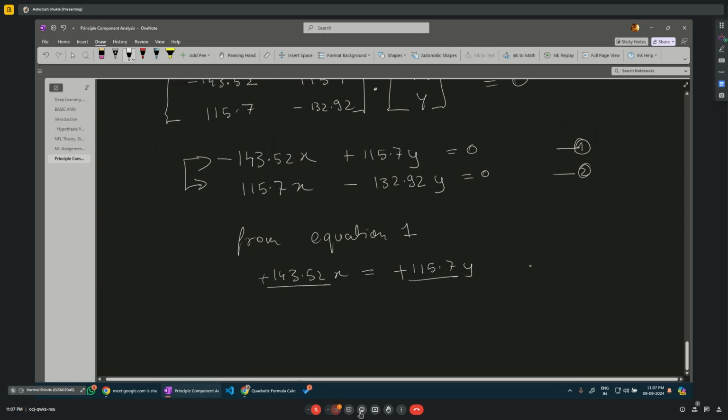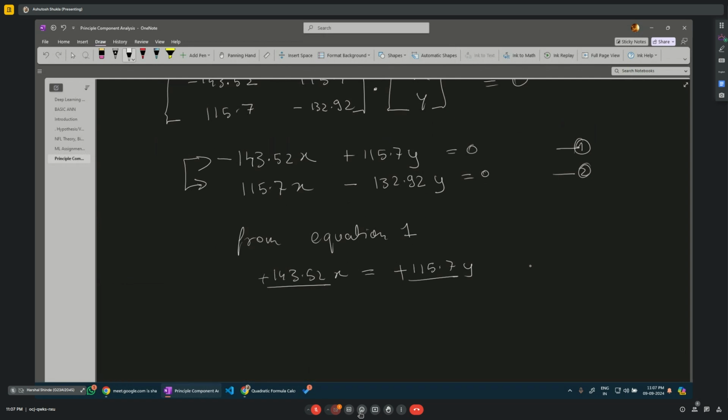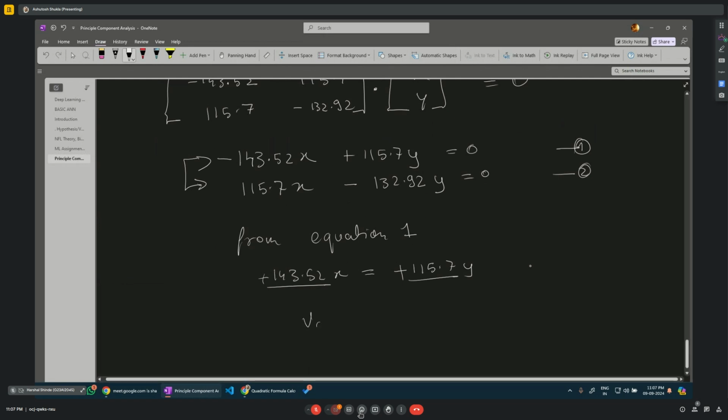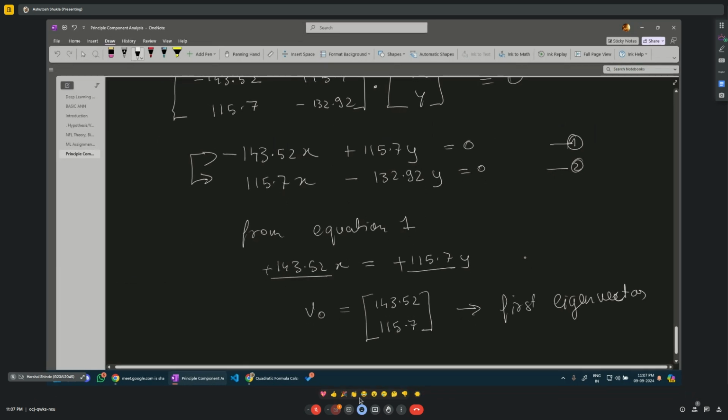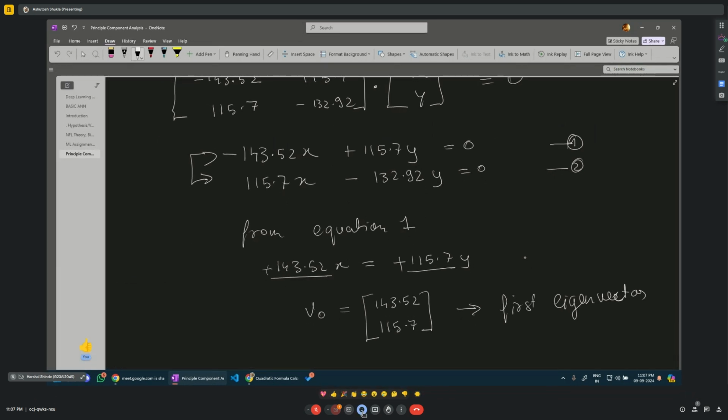We just take this coefficient and this coefficient, and make a vector out of it. So vector 0 is equal to 143.52 and 115.7. This is the first eigenvector. Makes sense so far? Any doubts in that? Okay, very good.